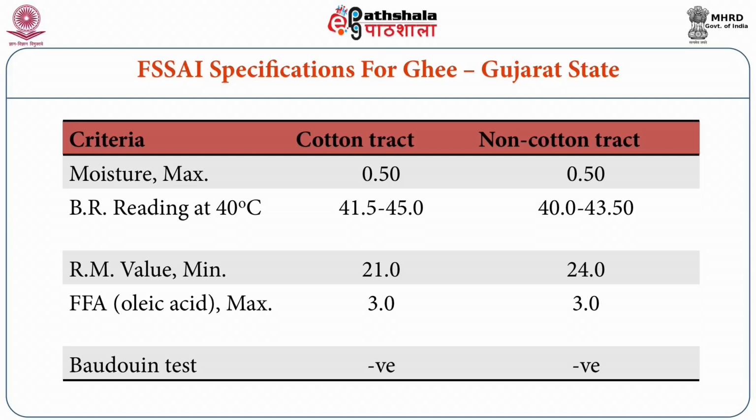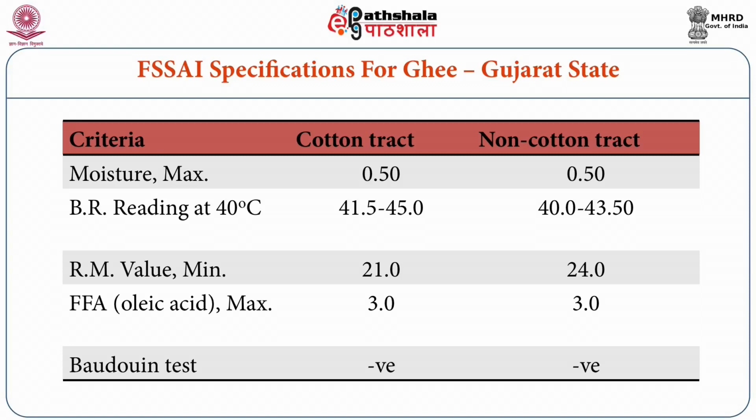Third, of very paramount importance, is free fatty acids, which I have abbreviated here as FFA. It is expressed as percent oleic acid, and the maximum limit given, irrespective of the cotton or the non-cotton tract, is maximum 3.